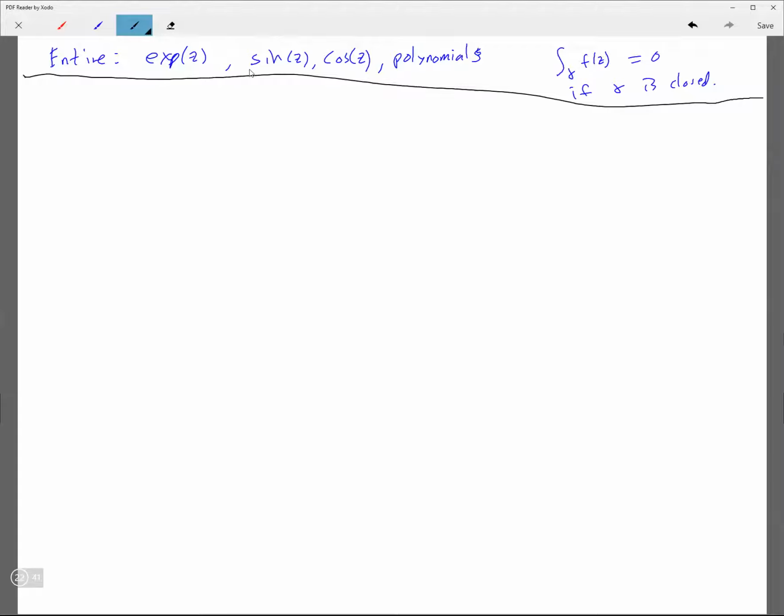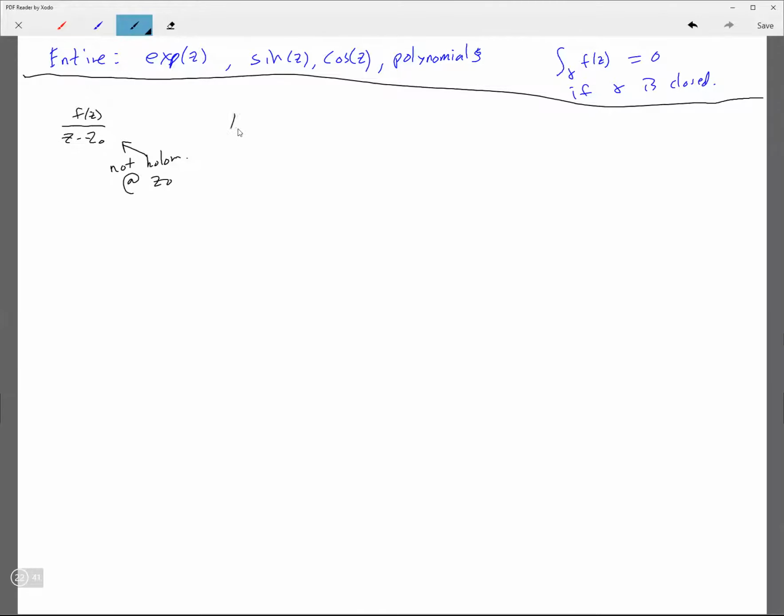Those are entire, there's no problems at all. Okay, if you have a function where you have z minus z naught in the denominator, then this is going to give you problems. That's not holomorphic at z naught, because that's in the denominator, right? So that's going to give you trouble.